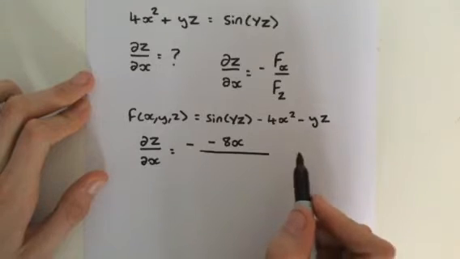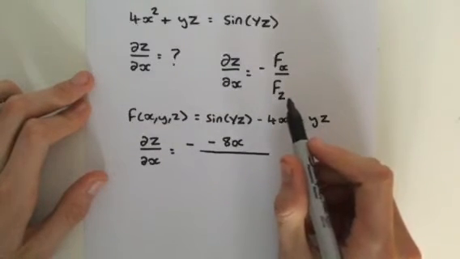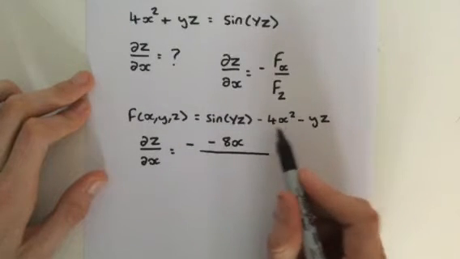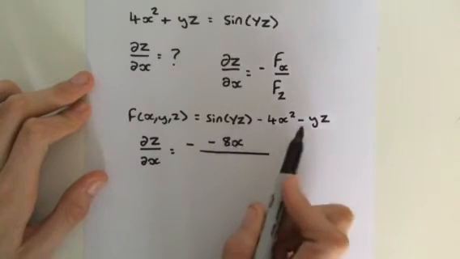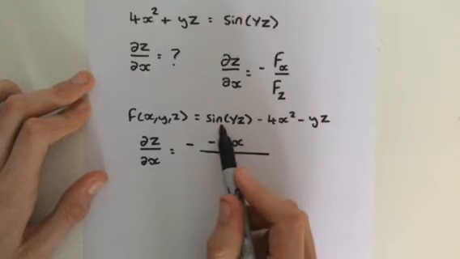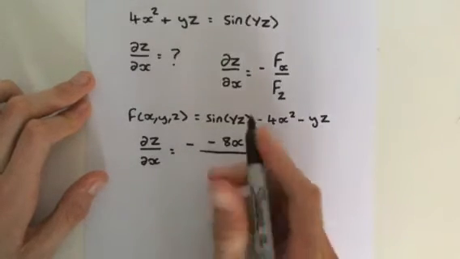Now we divide that by f sub z. So we partially differentiate this function with respect to z. 4x squared is a constant, that disappears. So we're left with this. Sine yz and minus yz. So we need to use the chain rule. Differentiate sine, we get cosine.